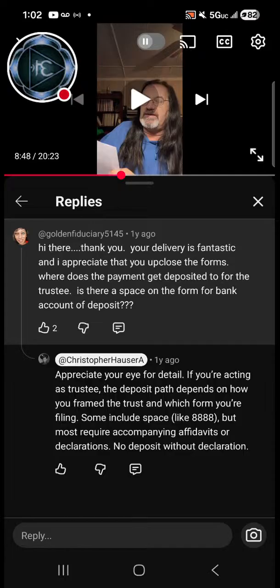Some include space like 88888, but most require accompanying affidavits or declarations. No deposit without declaration.